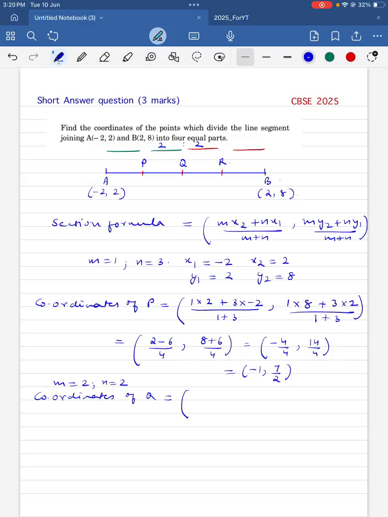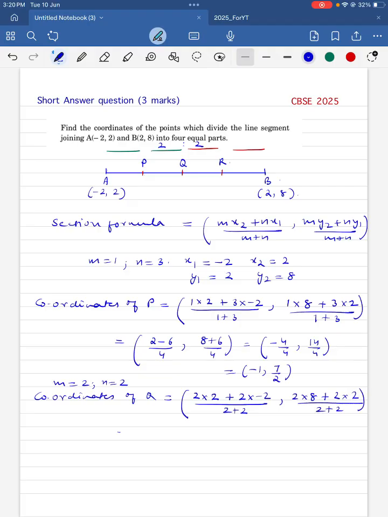M will be 2 into x2, which is 2, plus 2 into x1, which is -2, divided by m plus n, which is 2 plus 2, comma m into, that is 2 into y2, which is 8, plus 2 into y1, which is 2, divided by 2 plus 2.